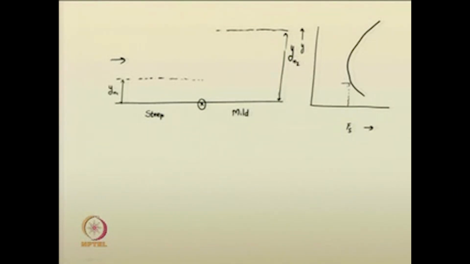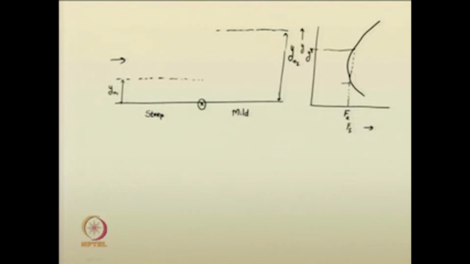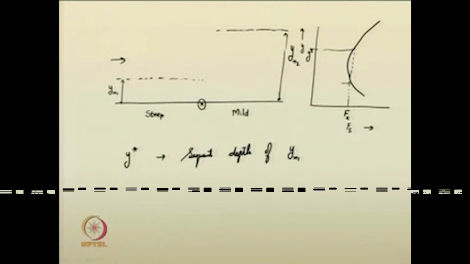This depth is already existing. So, what is the specific force? Say I write it as F A, the corresponding sequent depth will be somewhere here, and I write it as y star. So, y star is the sequent depth of the normal depth in the upstream portion.